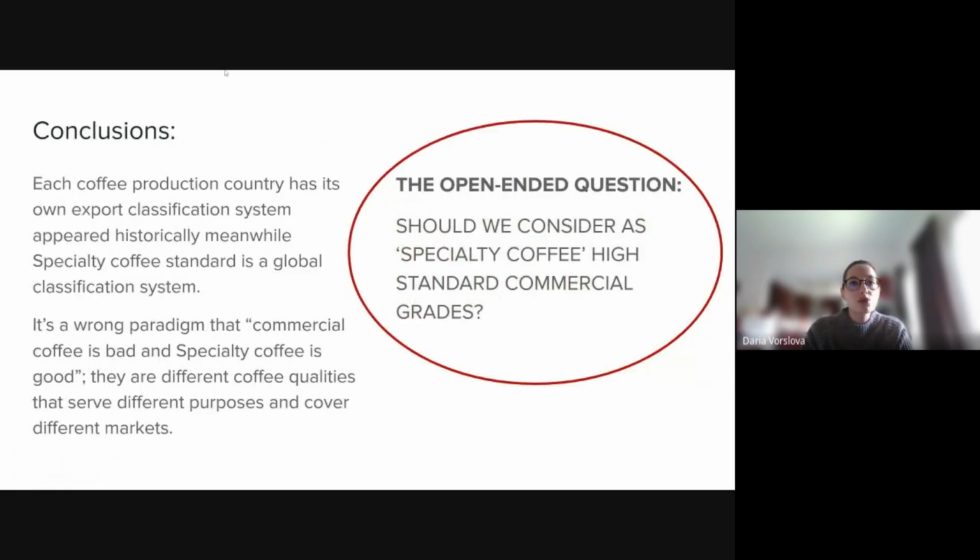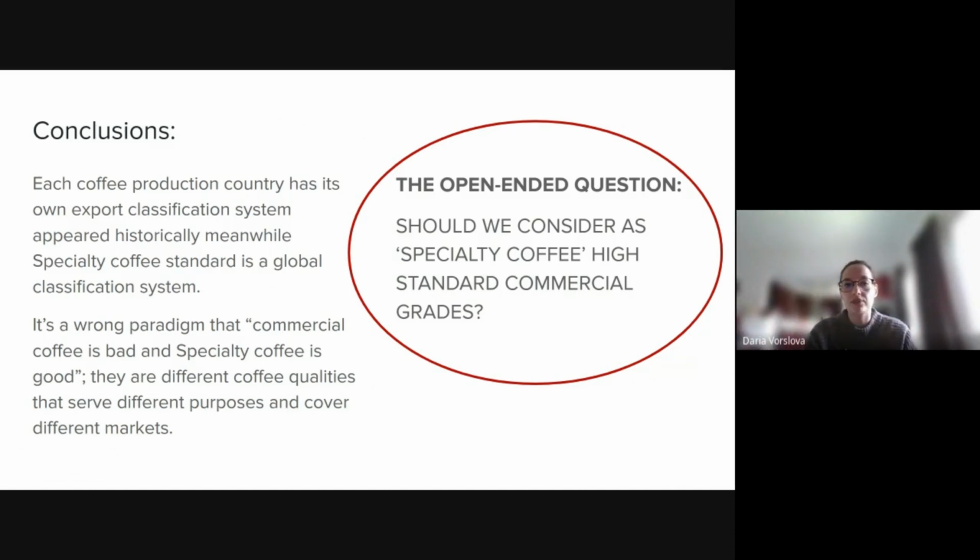So, conclusions of the previous webinar. Each coffee production country has its own export classification system, which appeared historically. Meanwhile, specialty coffee is a global classification system which we apply to any production country. This is the main difference. And it's a wrong paradigm that commercial coffee is bad and specialty coffee is good.